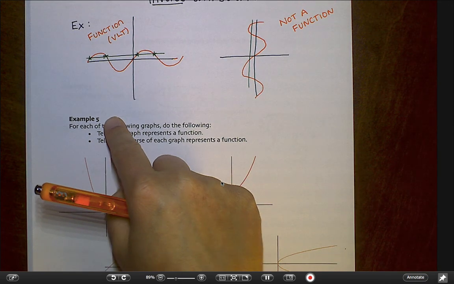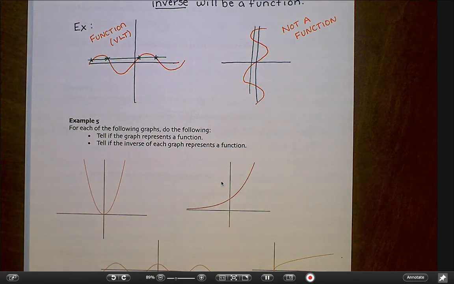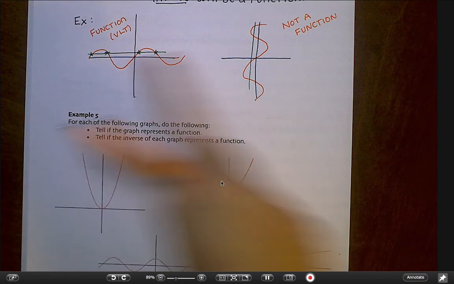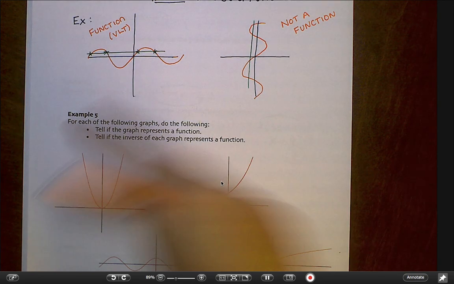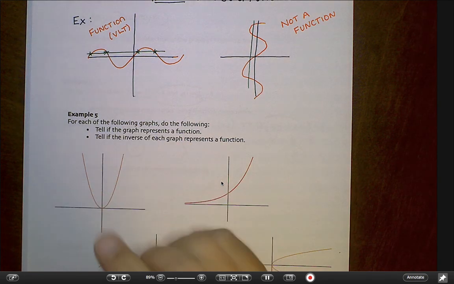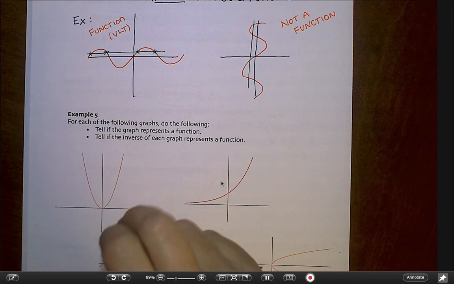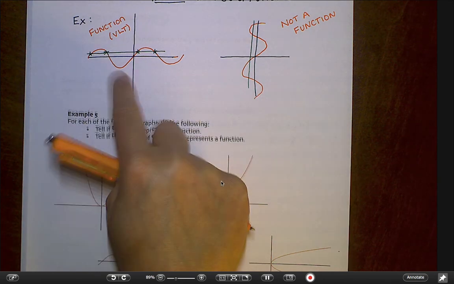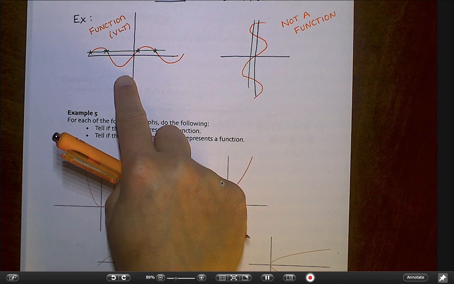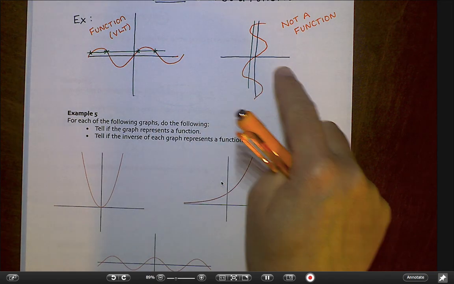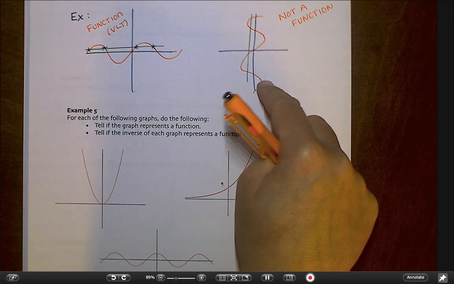If I were to ask you a question like that and you were to say no, fails vertical line test, I don't know if you're talking about the original or the inverse, okay? And same with horizontal line test. So you're going to want to make sure that you're really specific in your answers: the original function fails the horizontal line test, or the inverse function fails the vertical line test.